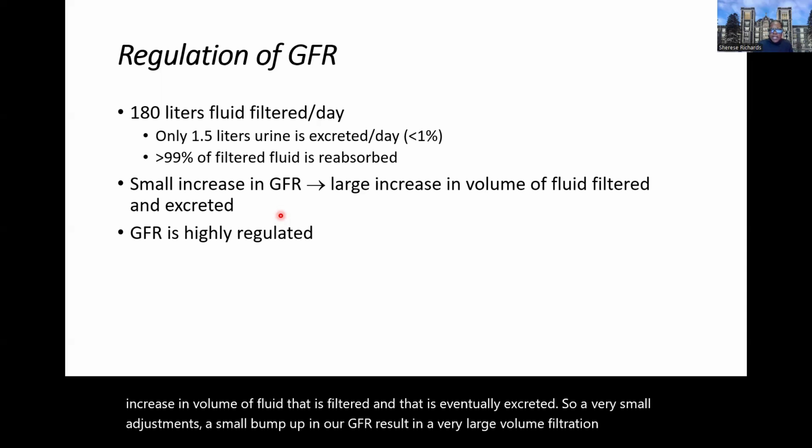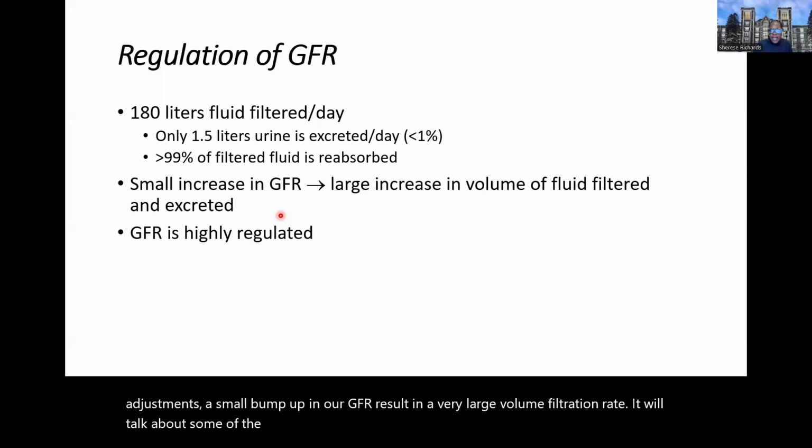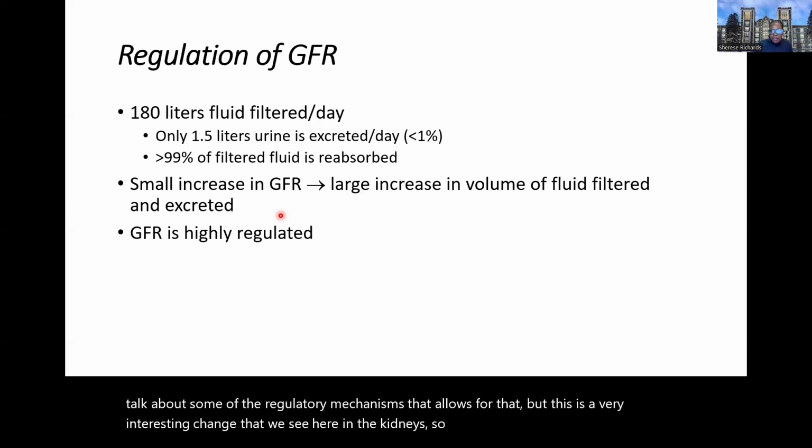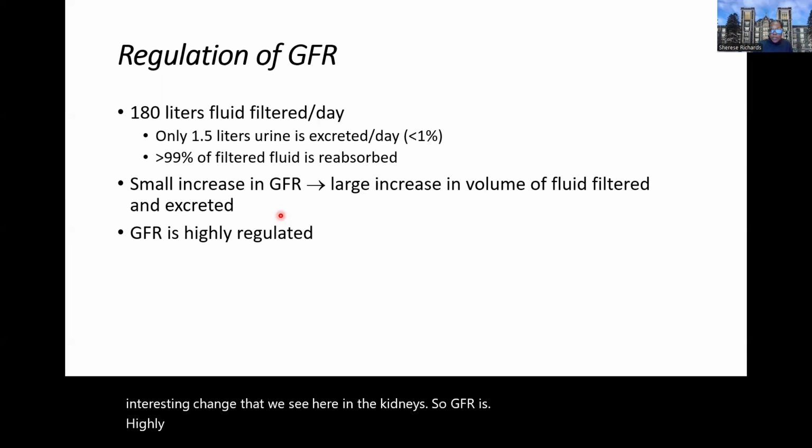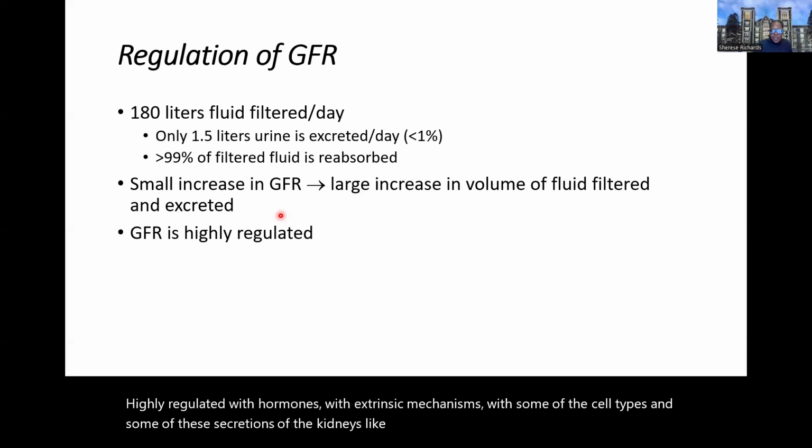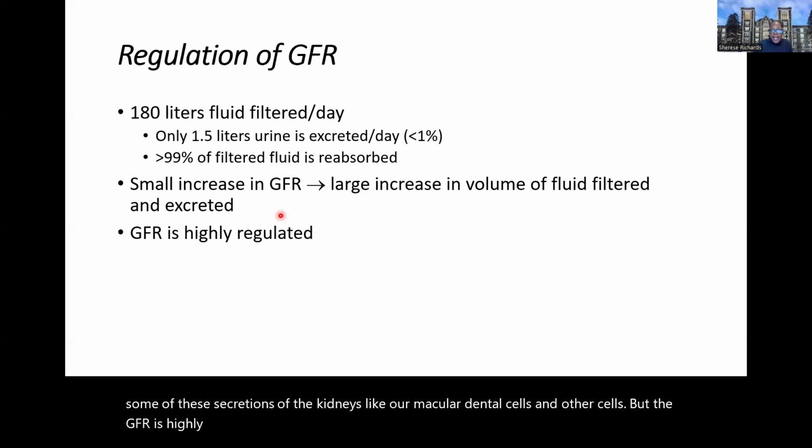And we'll talk about some of the regulatory mechanisms that allow for that, but this is a very interesting change that we see here in the kidneys. So GFR is going to be highly regulated with hormones, with extrinsic mechanisms, with some of the cell types and some of the secretions of the kidneys, like our macula densa cells and other cells, but the GFR is highly regulated depending on several factors that we will discuss.